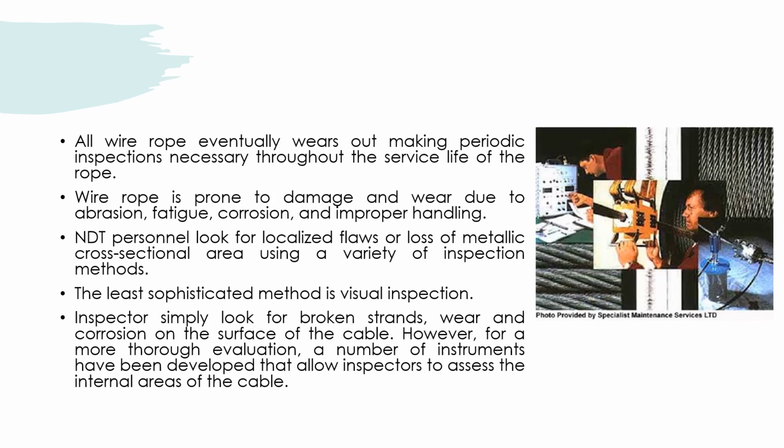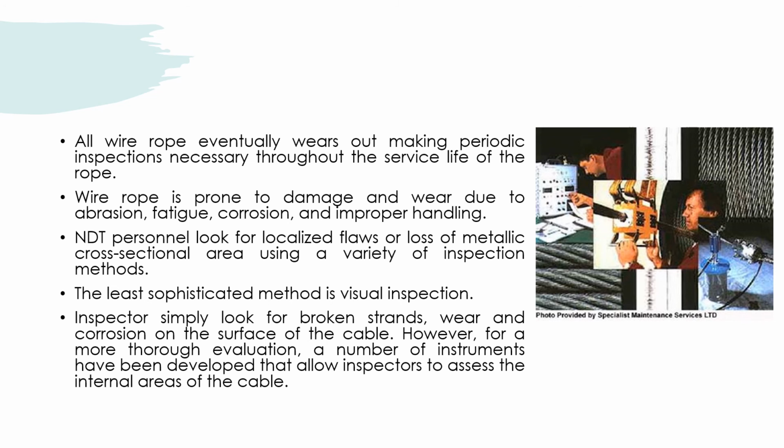All wire rope eventually wears out, making periodic inspection necessary throughout the service life of the rope. Wire rope is prone to damage and wear due to abrasion, fatigue, corrosion, and improper handling.